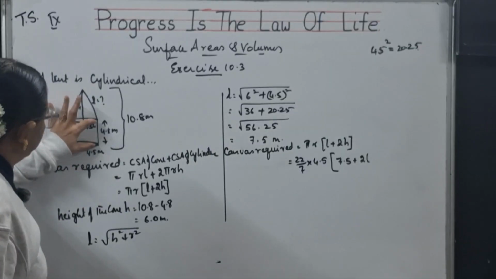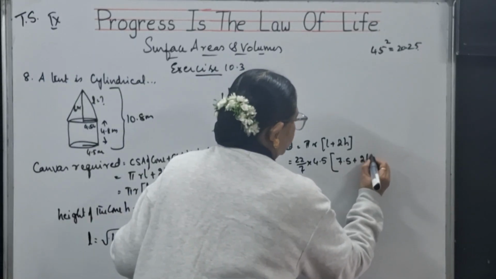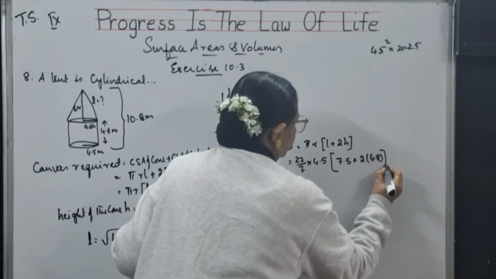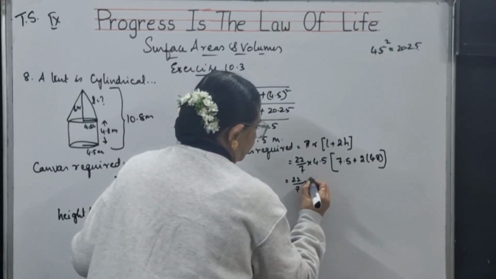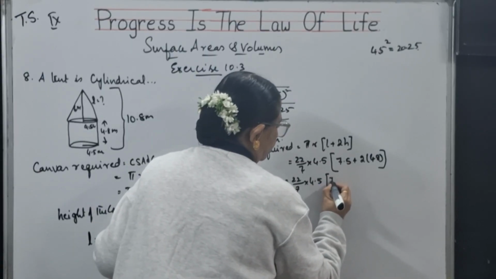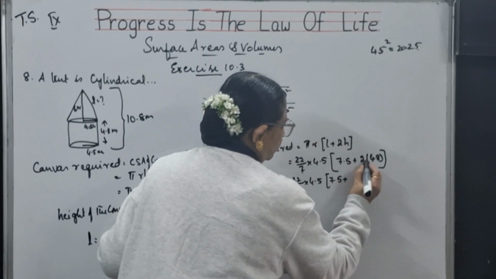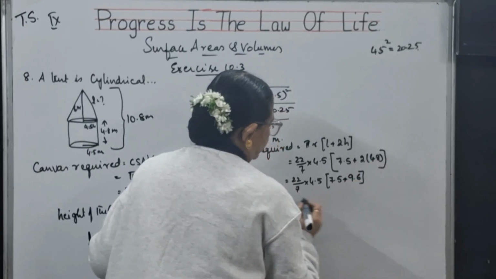This height of the cylinder we have to take, that is 4.8. Okay, this is nothing but 22 by 7 into 4.5 into 7.5 plus 2 into 4.8, which is 9.6.